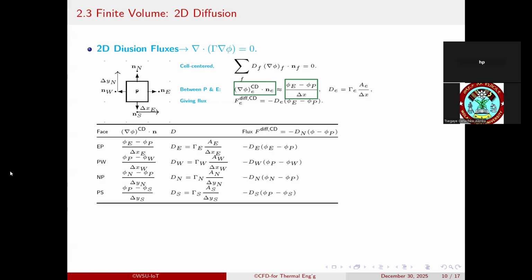The face diffusion factor is determined by multiplying the diffusion coefficient by the ratio of corresponding area to center distance. Note here that we skipped interpolation because we are not dealing with convective flux.